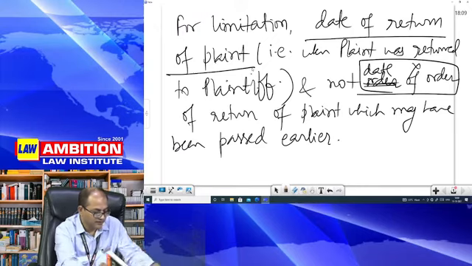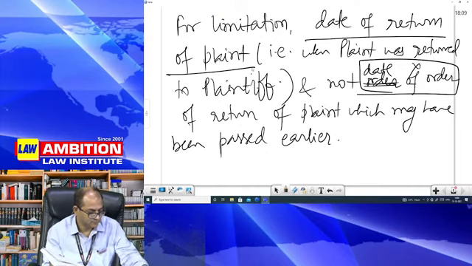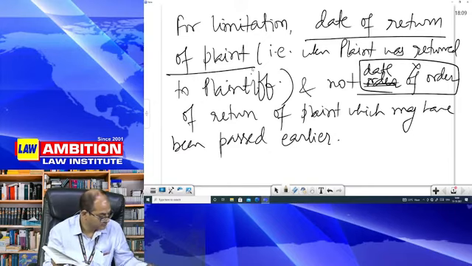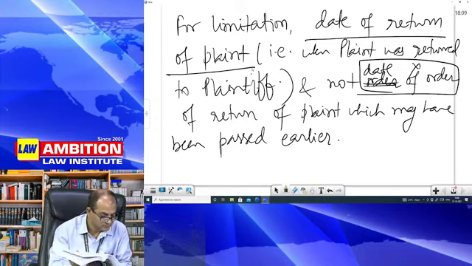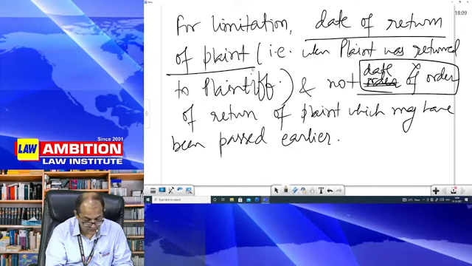Let us read the rule further. I hope you understand this. यहाँ केस भी लिखा है श्री अमरचंद्र इनानी वर्सेस यूनियन ऑफ इंडिया.